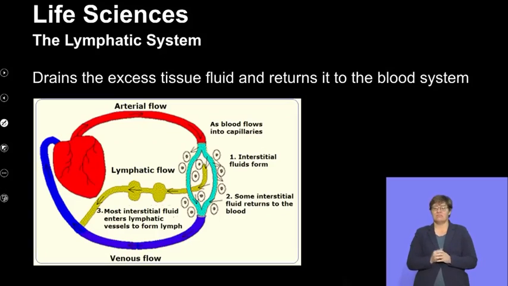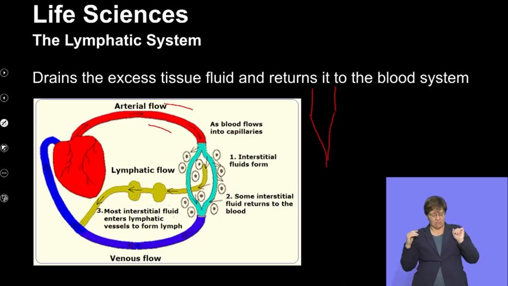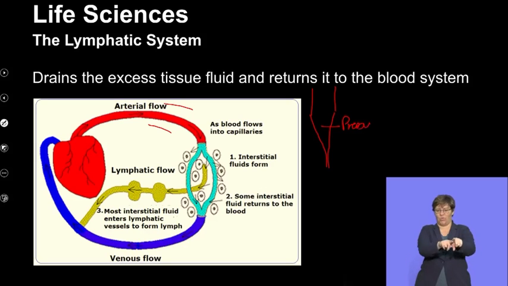When it comes to the lymphatic system, basically what you need to understand is the following. Remember, arteries are really big and wide. Imagine if I draw a line here, it's like being stuck on the highway, and the highway comes down to just one lane. What happens there is you form a lot of pressure around that area.